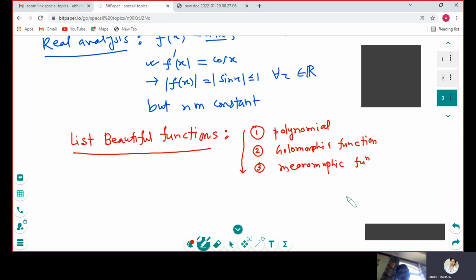For example, sin z, you cannot easily calculate sin of i, which is a complex number. What you can only say is that this function is differentiable. And meromorphic functions are nice because they are the ratio of two holomorphic functions. It is not defined everywhere. So, got it?